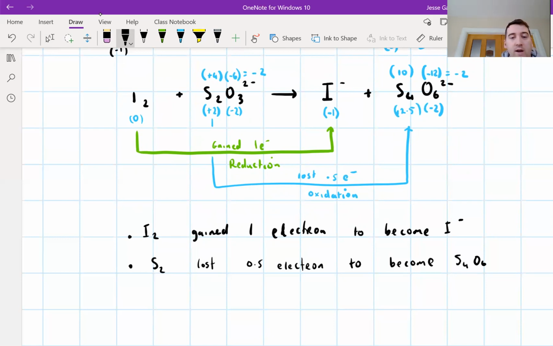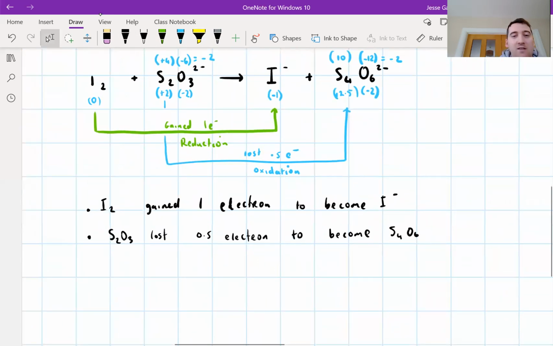So this is S2 in the S2O3, lost 0.5 electron to become S4 in the S4O6. Quite complicated, I suppose, but again, the big picture here is you've got to make them balance. So make the electron transfer balance.